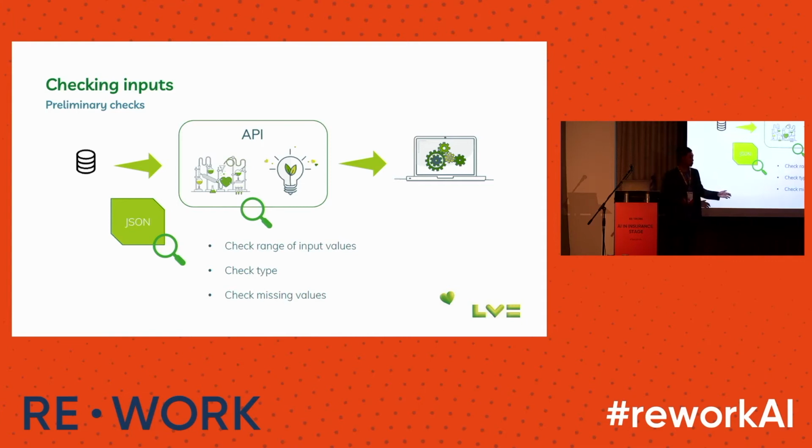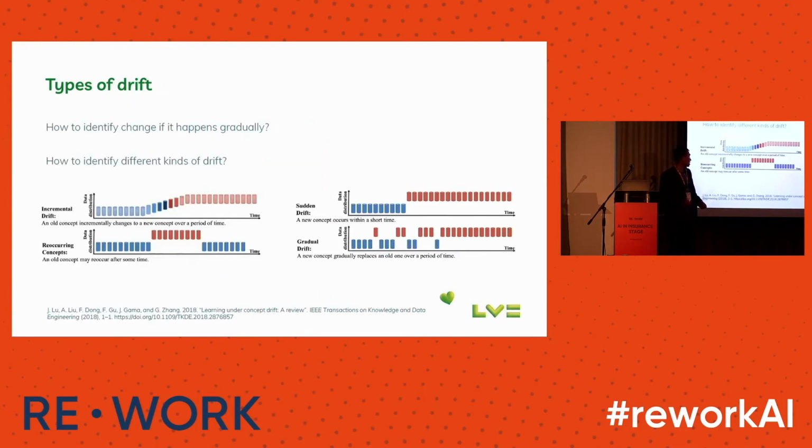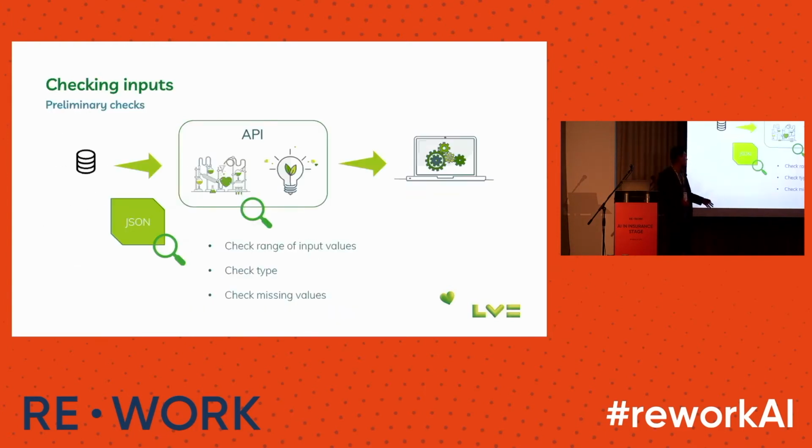Check the missing values, check the types, and if you have a numerical value, check the expected range. Generally, that can capture a lot of things that go wrong with a model. That can sit relatively early on in terms of the API, where we receive the messages coming from the business.